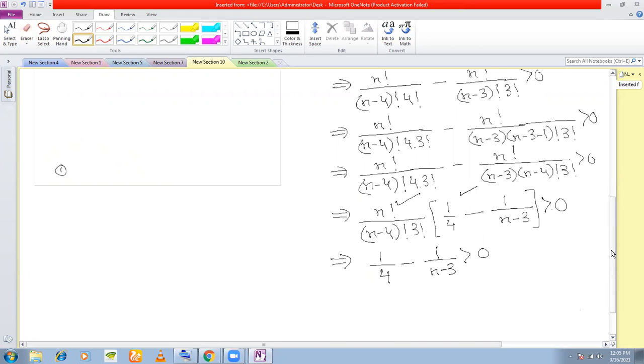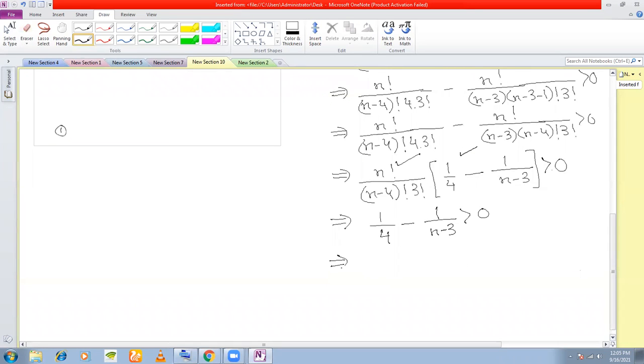Okay, so now you can take the LCM, or what you can do is you can write this as 1 by 4 greater than 1 by (n minus 3). Since we want to find out the value of n, you can take the LCM also, no problem. Now you cross multiply, in the sense that you're multiplying both sides by 4 into (n minus 3).